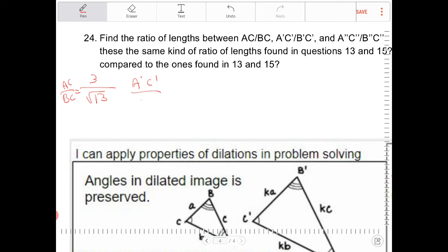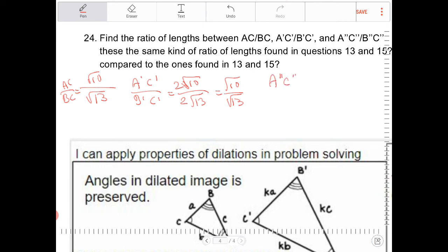A prime C prime to B prime C prime: this is 2 square root of 10 over 2 square root of 13, which is again square root of 10 over square root of 13.